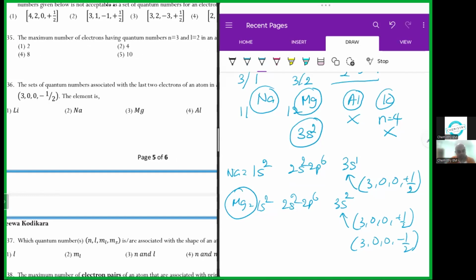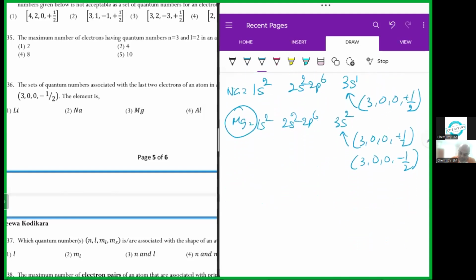If the last electron has n equal to 4, that belongs to the fourth period. If L is equal to 1, it belongs to the p block. Likewise, you should be able to deduce the period as well as the block.